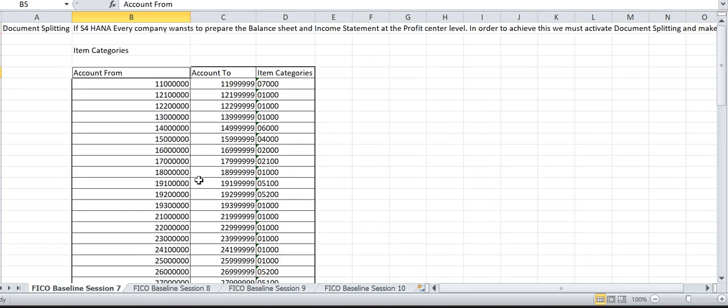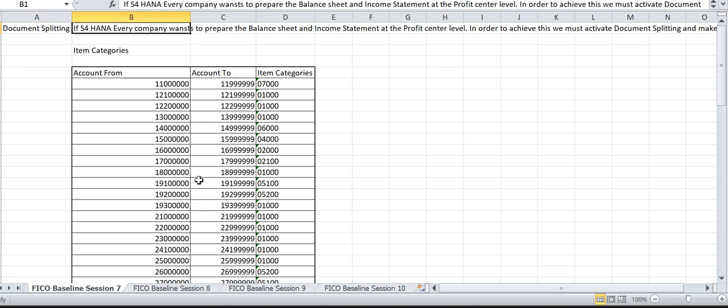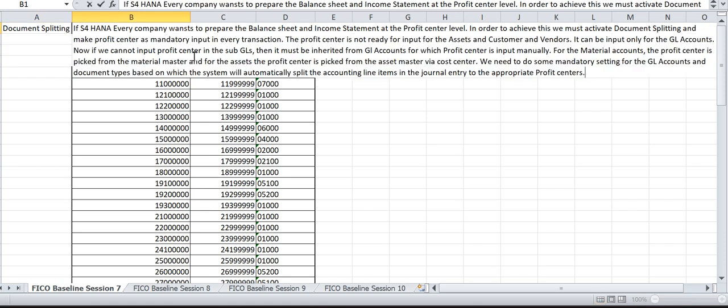If I talk about document splitting, what does it mean? Document splitting means to have the balance sheet and income statement, the financial statement, at the profit center level. In order to have our financial statements prepared at the profit center level, we must activate the document splitting.